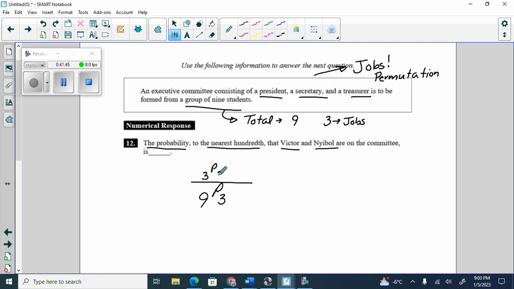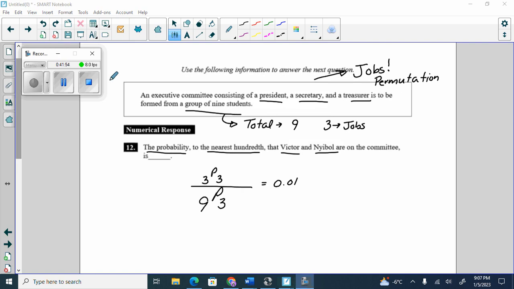So we do 3P3. Which gets us 0.01. Wait a second. It's Victor and Niabal. There's only 2 of them. Check that. Ah! That's not right.